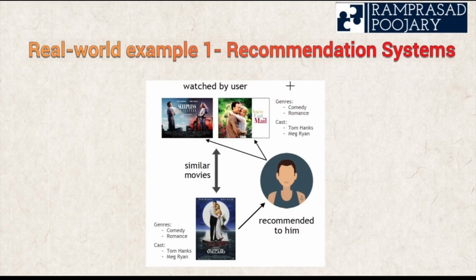Let us look at some real world examples of clustering, and a movie recommendation system is one such example. In this case, the recommendation system suggests similar movies to the users based on the genres and the actors and actresses they enjoy.